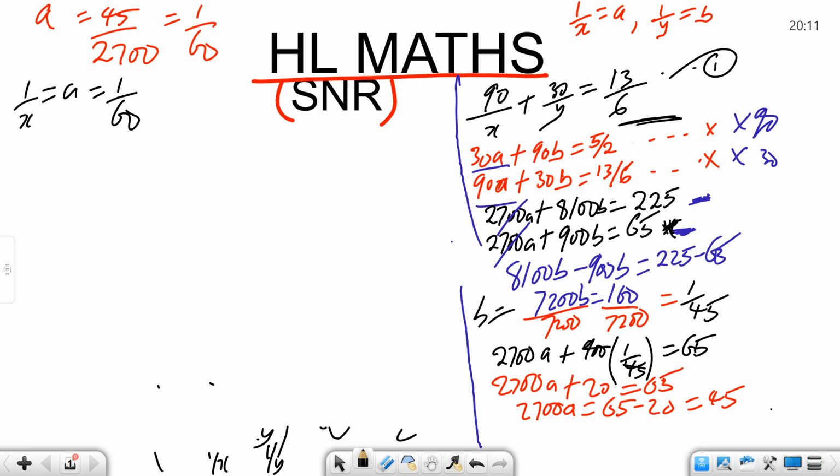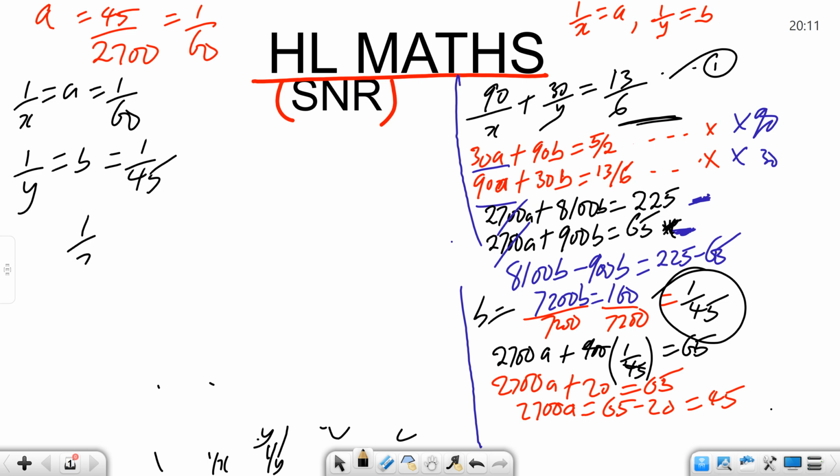And recall that we said 1 over y equals B. What's the value of that? Is it 1 over 45? Okay, B is 1 over 45.